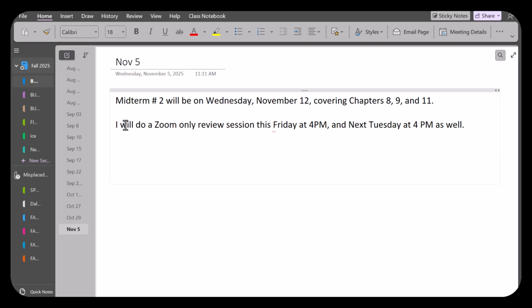Now let's finish up chapter 11. We already talked about the concepts of risk and return. We especially talked about efficient, inefficient portfolios, the efficient frontier.